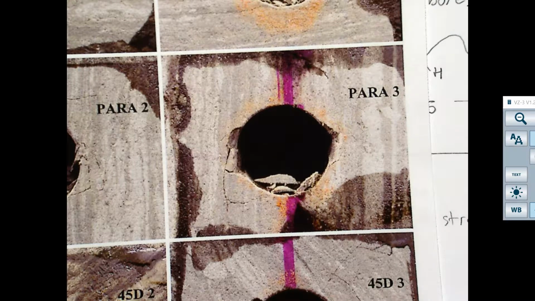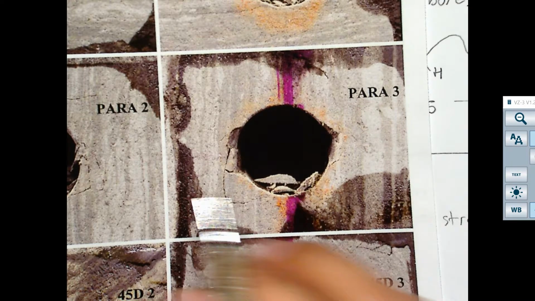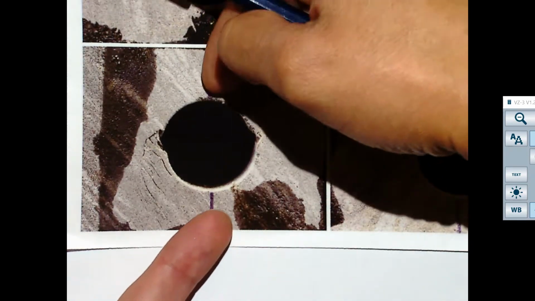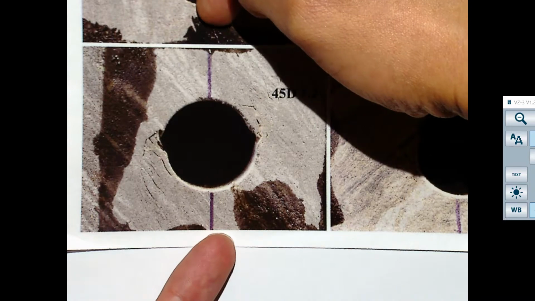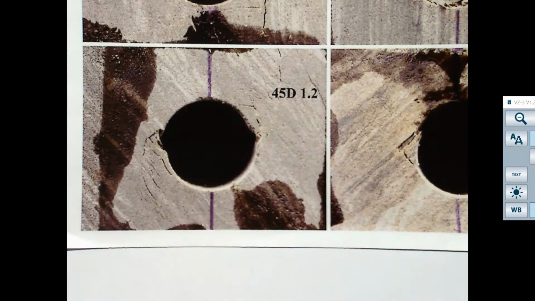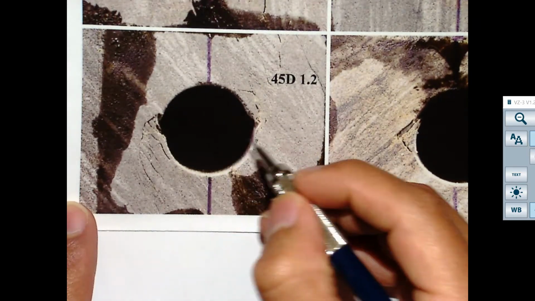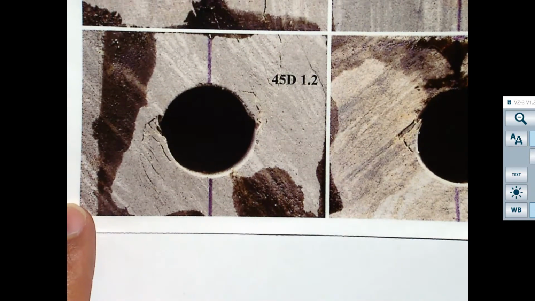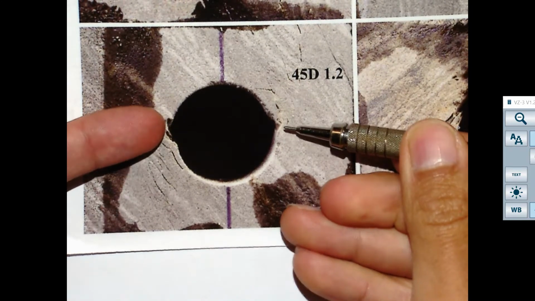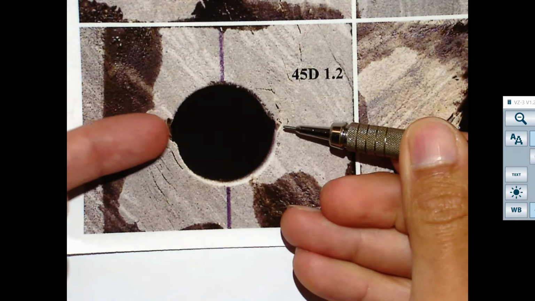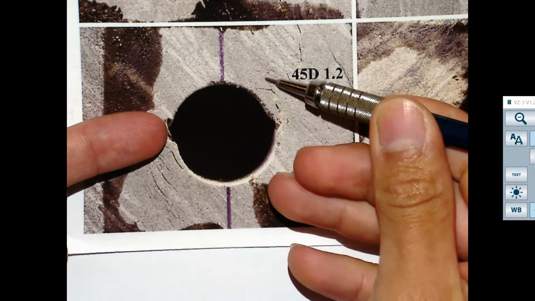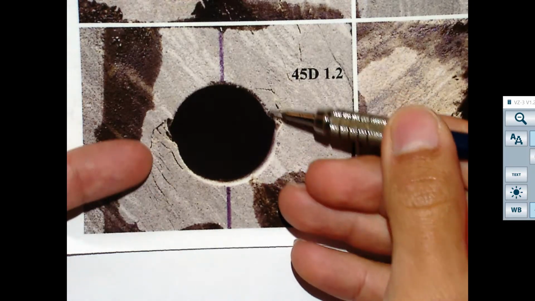But probably the most interesting case here is the one in which the wellbore and the stress do not coincide. So in this case, the stress is in this direction, lamination is in that direction, and you can see how, first of all, the breakouts do not happen exactly where you would expect. Probably they start where you would expect. But notice how this breakout grows in this direction and this one in that direction.